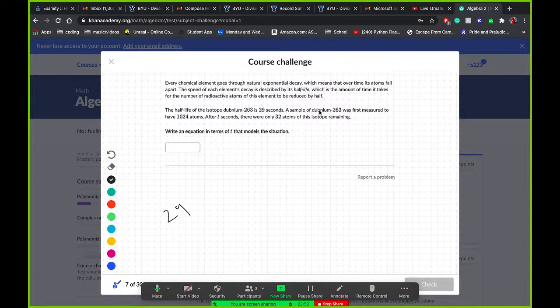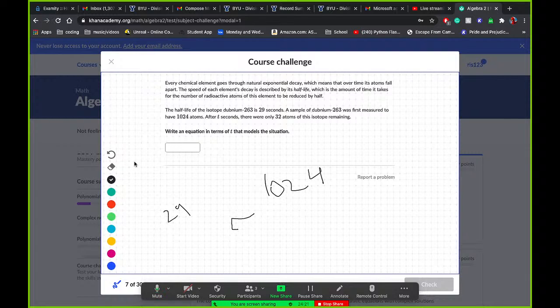And the sample of dubnium was first measured to have 1024 atoms. So what I would do is have a geometric series, since it's exponential decay instead of linear decay. So I would make a geometric sequence or a series.